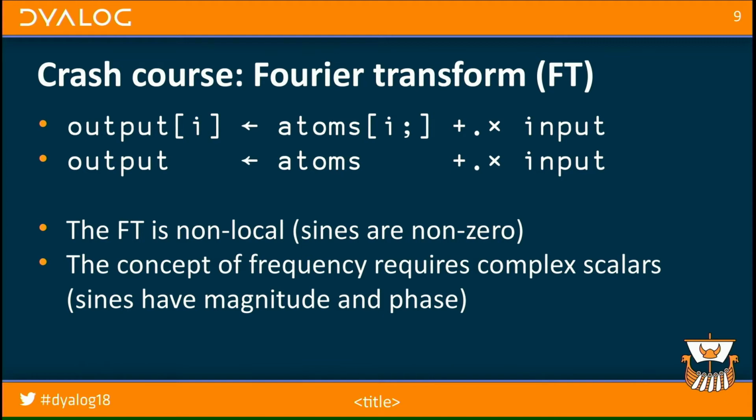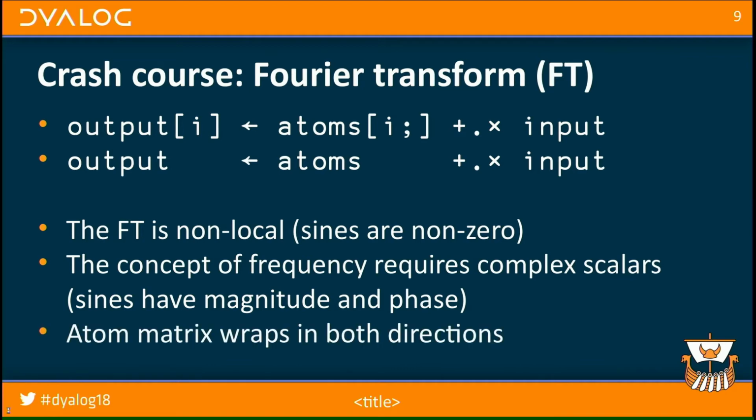Like the time-wise displacement. And complex numbers, by accident, happen to be perfectly suitable to scale signs. And the last thing, as I said, is that those atom matrices wrap both in time and frequency.